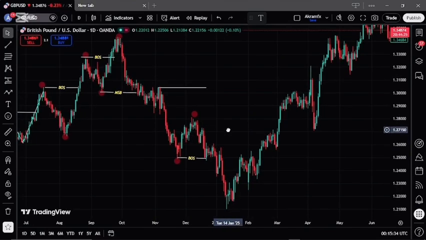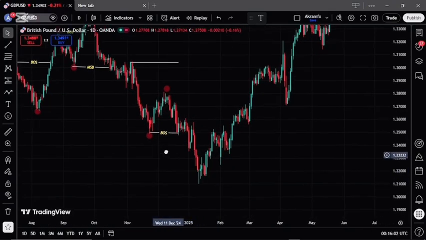Then immediately we know that we have to sell this move. In later videos, we shall see how we enter these trades, the confirmation we need to enter and where to enter from, the discount and premium zones for us to take a trade.